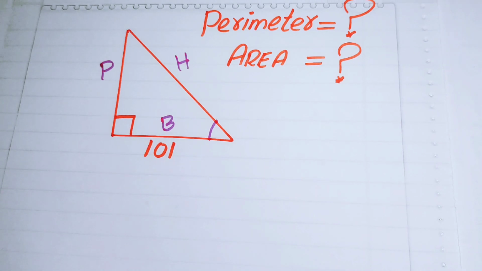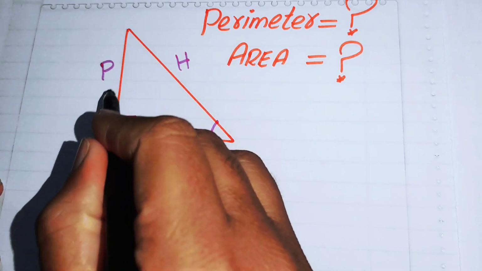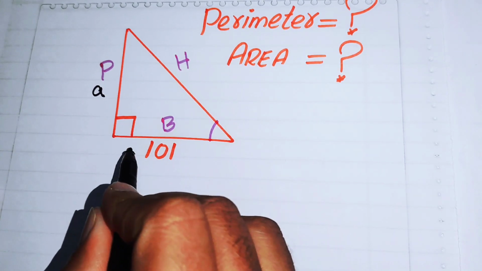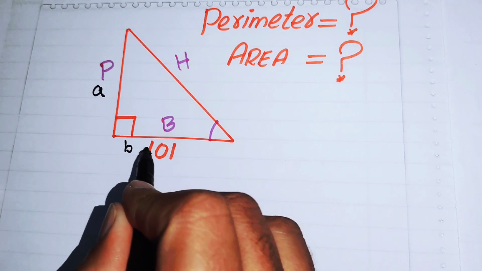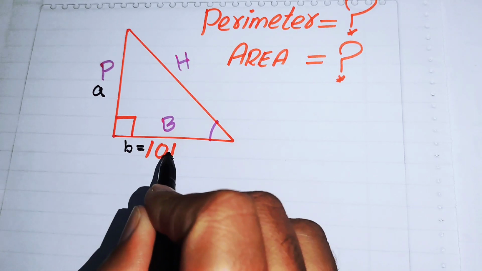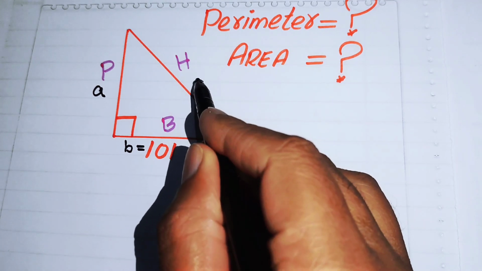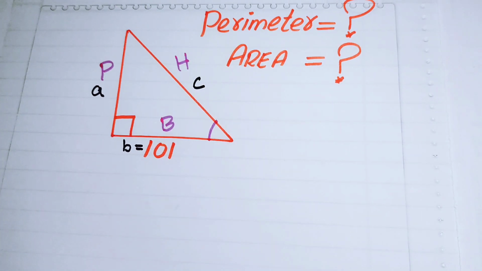Here I can name this side small a, and this side, which has the value 101, I can name b, and the hypotenuse is named c.